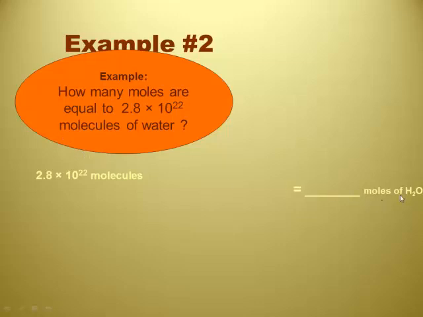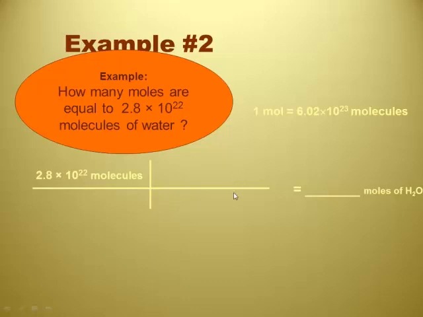Over on the right, we write moles of water, since that's where we're heading. We need a ratio written so that molecules cancel. Last time we put moles on the bottom, so maybe again? But then moles would cancel with molecules, no, that would give molecules squared.